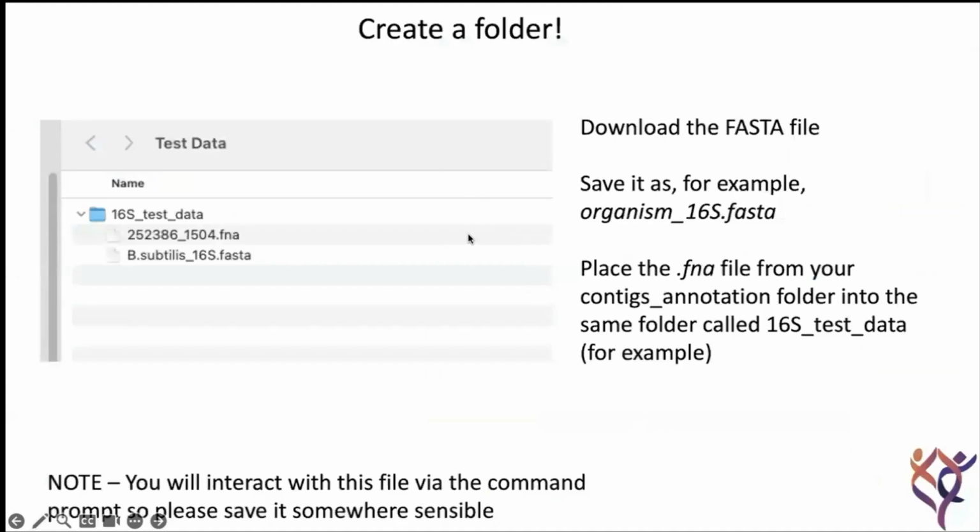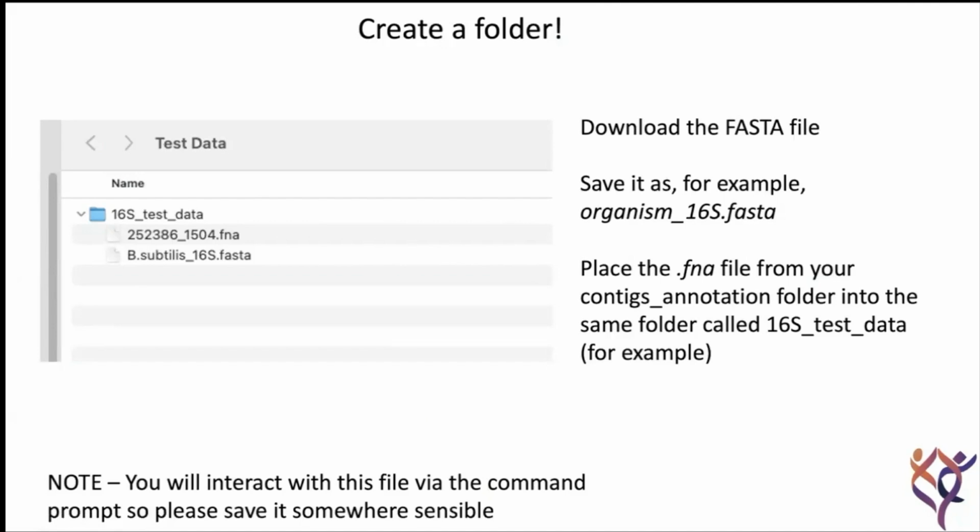So creating a folder is a good first step whenever you're undergoing an informatic workflow pipeline. Create a folder, save it in a sensible place that you can access easily and you know the pathway to. In this case, we've named our folder 16S test data.